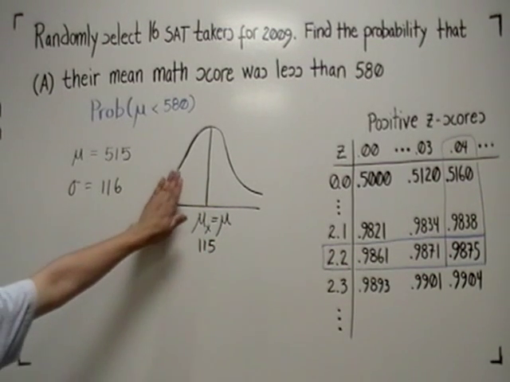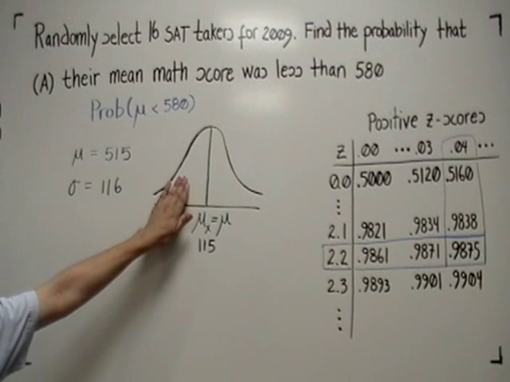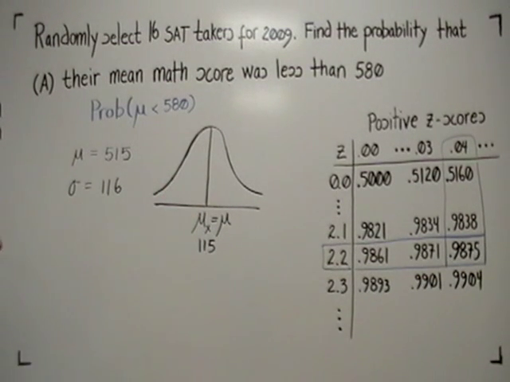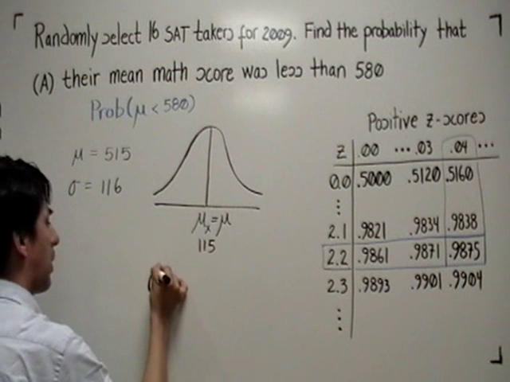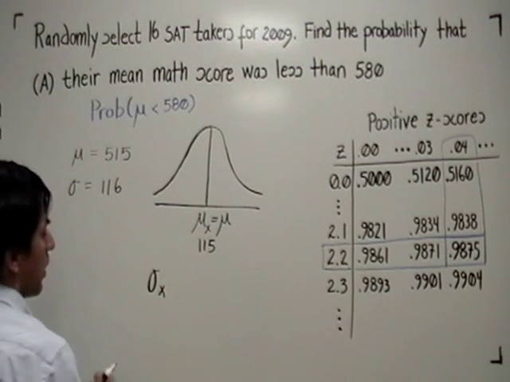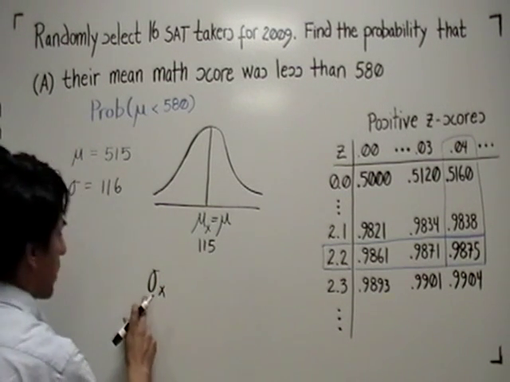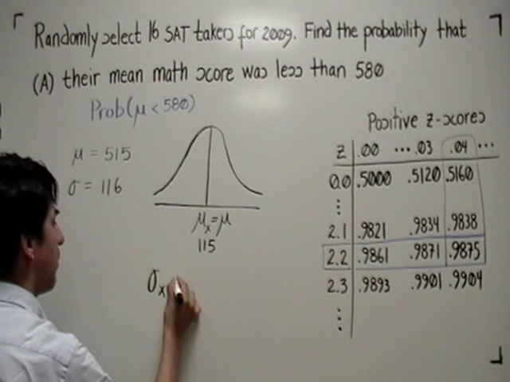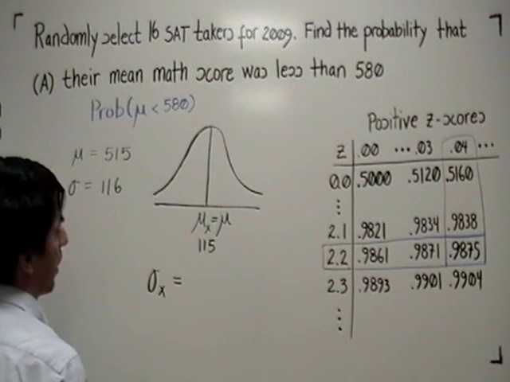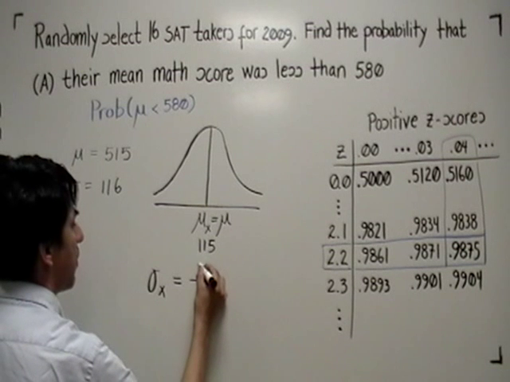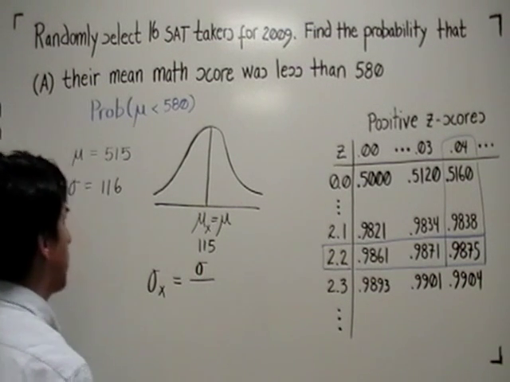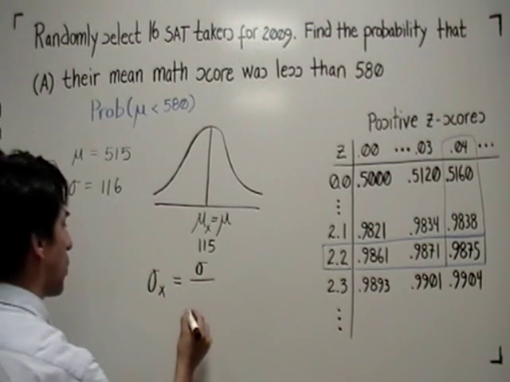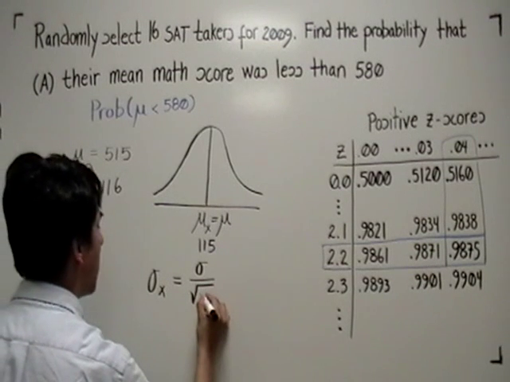The standard deviation of the distribution of means does have a formula by the central limit theorem. The standard deviation of the means is the standard deviation of the original distribution, that of SAT scores, over the square root of n.